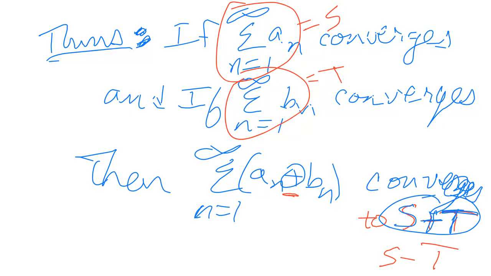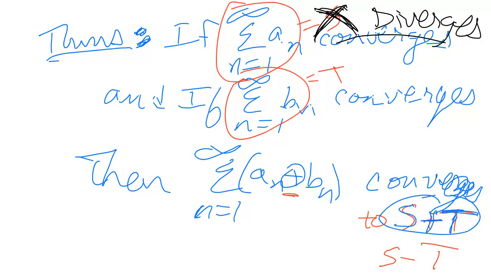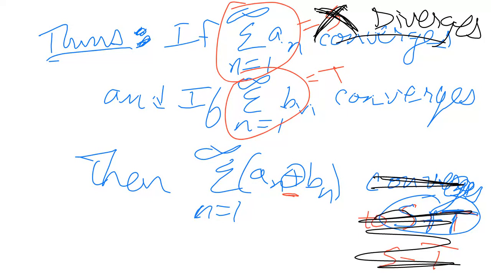If we have this one, if this diverges and does not approach a specific real number value, then what do we know about either one of these? The sigma of the sum or the sigma of the difference would also diverge. So for example, let's say this diverges and this infinite sum goes to infinity.